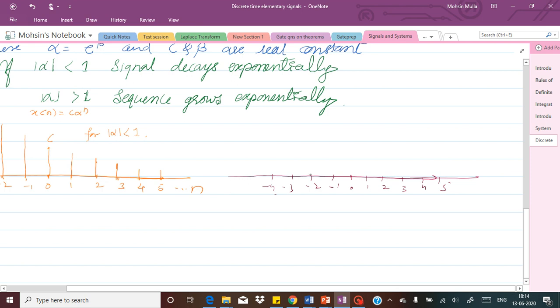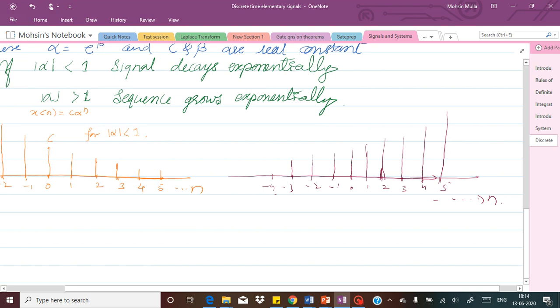I'll start from minus 3 here, so it will be smaller. As the time increases, the magnitude will also increase. For every next instant the magnitude will increase correspondingly. So here we will get a growing function like this.